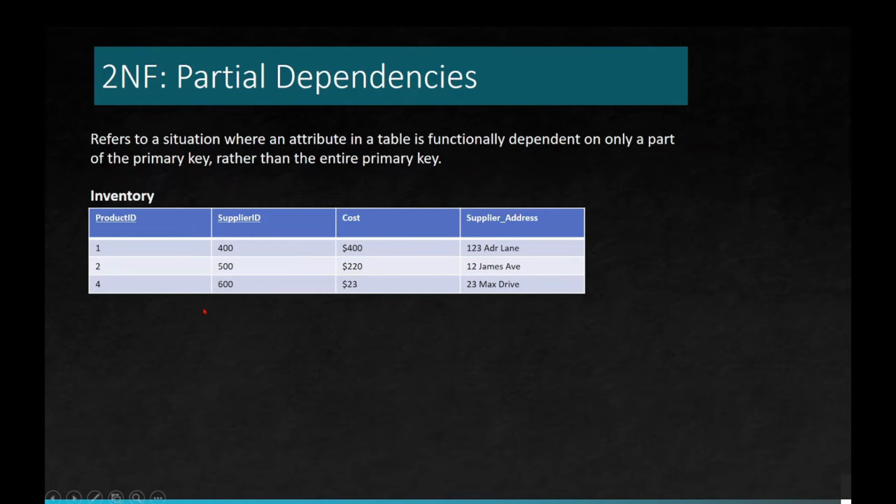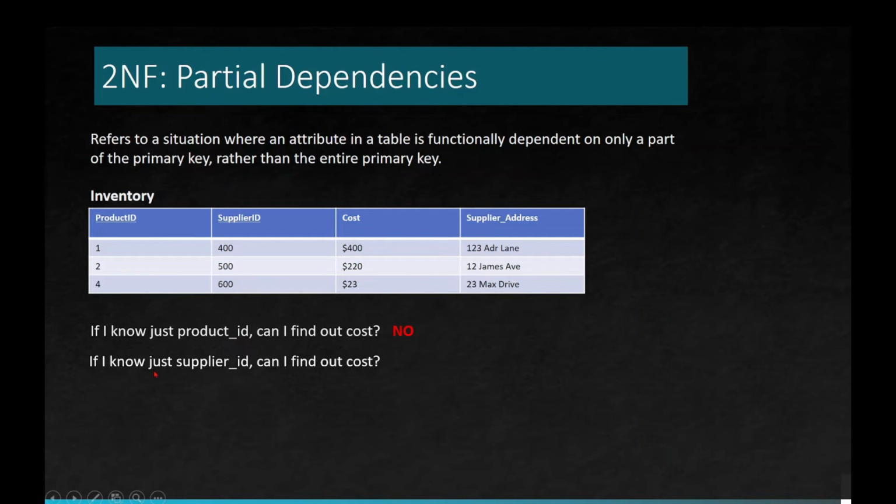But is that so? If we know just the product ID, can we find out the cost? In this case, no, because we can have the same product from a different supplier with a different cost. So if we only know just the product, we can't determine the cost of the product. That means the cost is fully dependent on the product ID and the supplier ID.